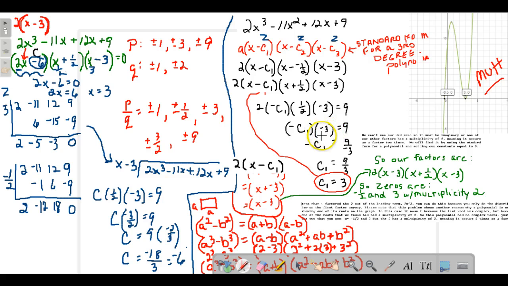And we divide both sides then by a negative 3. So if we divide this side by a negative 3, that just gives us negative 3 over negative 3, which is just 1. And 1 times negative C1 is negative C1. And if we multiply this side by a negative 3, we get 9 divided by a negative 3.